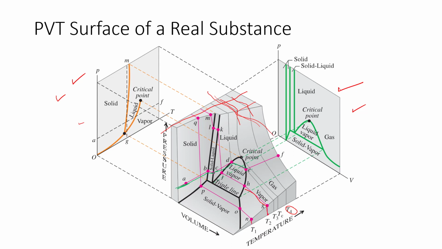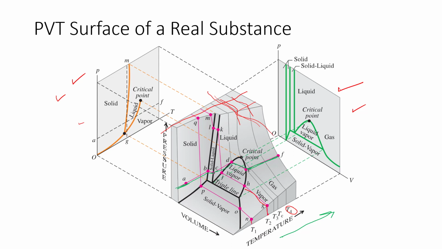That line represents constant pressure heating. So we are increasing the temperature as we go along that direction. We are going from A to B by increasing the temperature, or by heating the substance, and then from B to C, C to D, D to E, E to F.